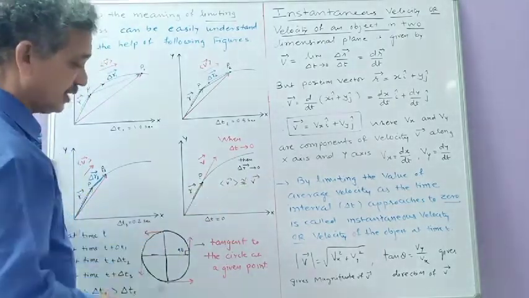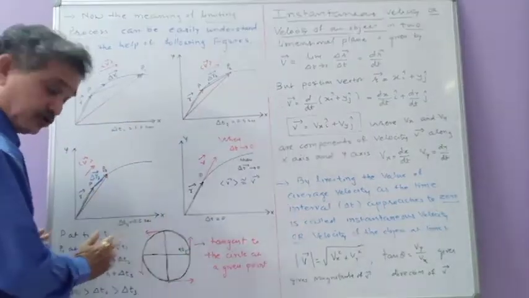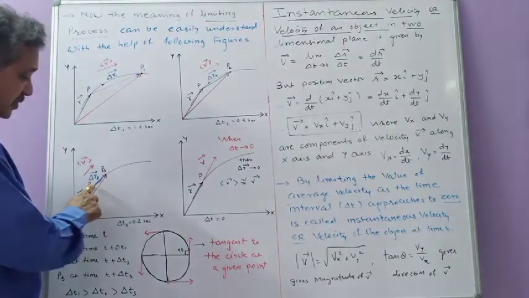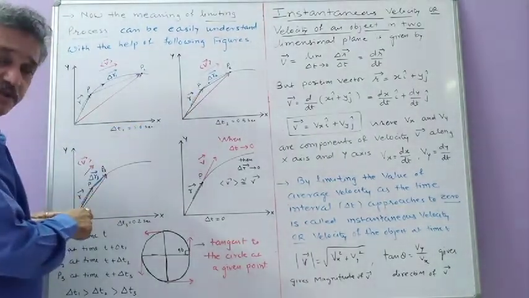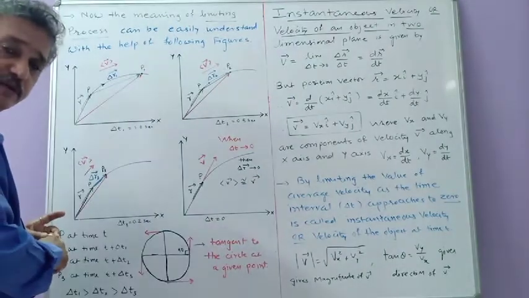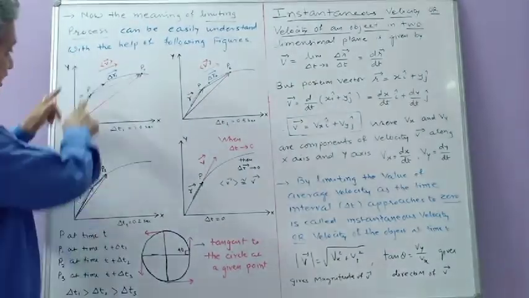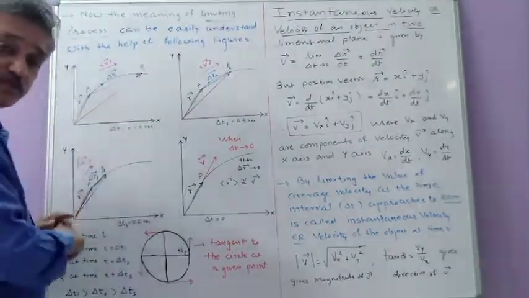It means, as the time interval Δt tends to 0, as the time interval goes on decreasing, the values of displacement vectors Δr1, Δr2, Δr3 also go on decreasing, and each time the displacement vector remains in the direction of the average velocity, or you can say the average velocity is in the direction of the displacement vector.